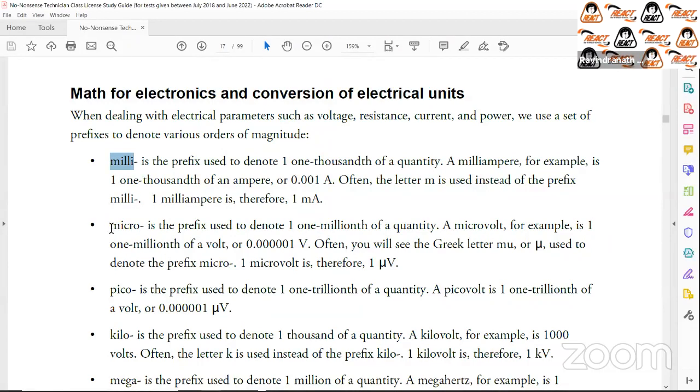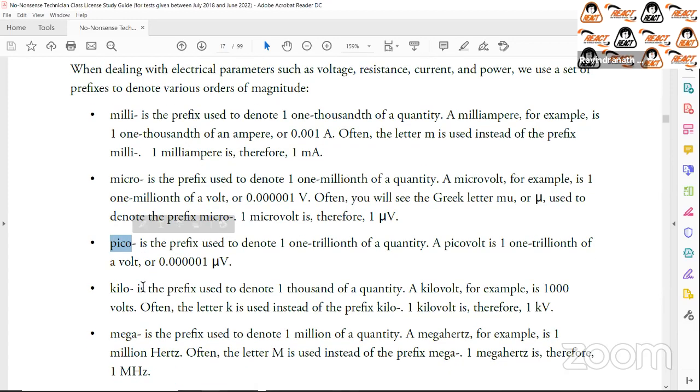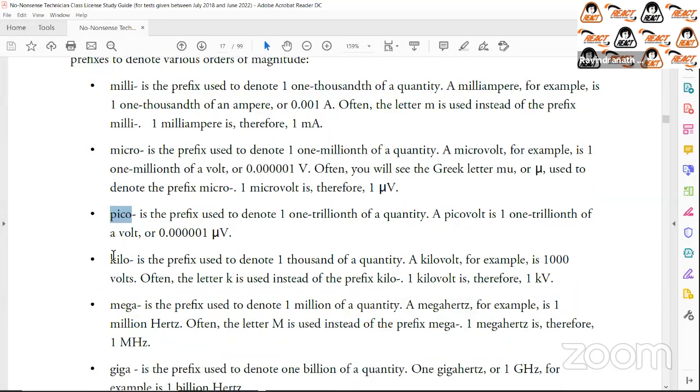We may be measuring something very tiny, and we may find out that it's 60 micrometers. Even smaller, we may measure something and find that it is so small that we have to say it is in picometers, right?